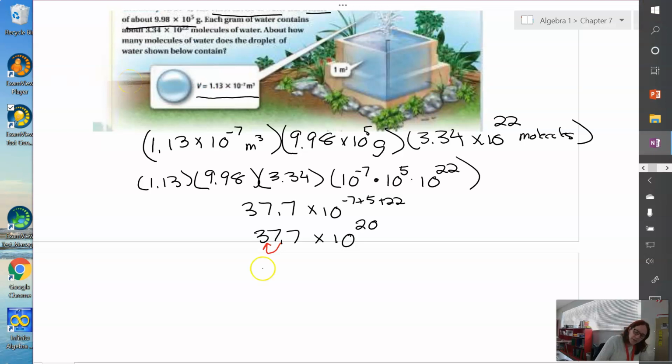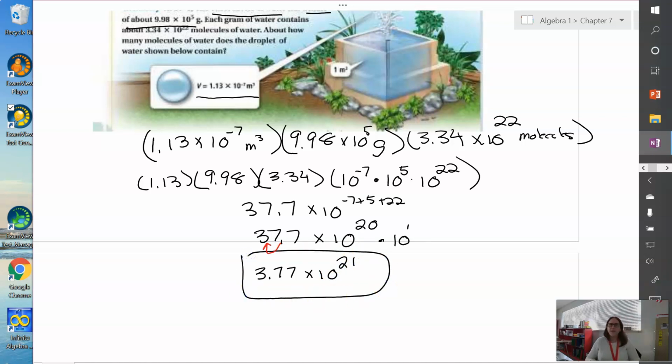So instead of 37.7, I have 3.77. And since I divided by 10, I have to multiply by 10 over here, or else I've changed my number. There's an invisible 1 here, so this is going to be times 10, add my exponents, to the 21. And that is my answer.